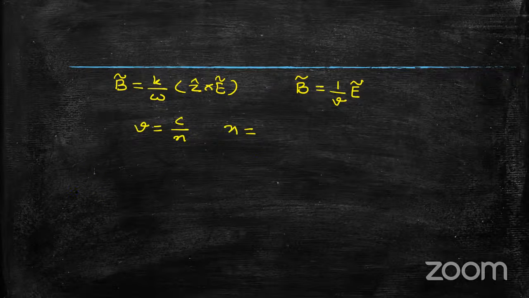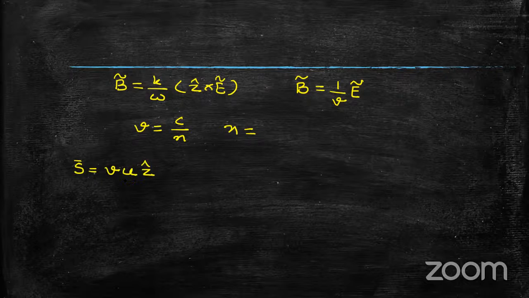Okay. This is done. What about S? S was c epsilon 0 E square Z cap, right? In vacuum it was with C. Now it is with V. Right?